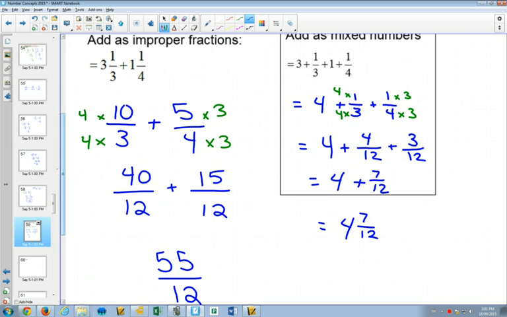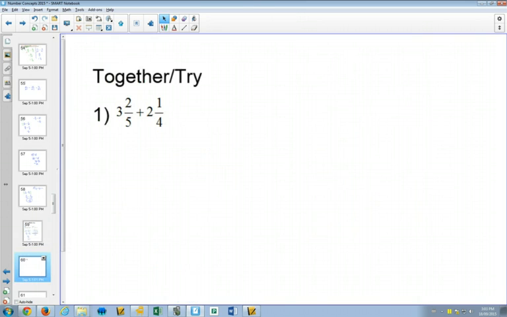Okay. And you are using which method? Method 1, where you use the improper fractions, or adding the numbers together? Adding these numbers. Okay. So he's using method 2.